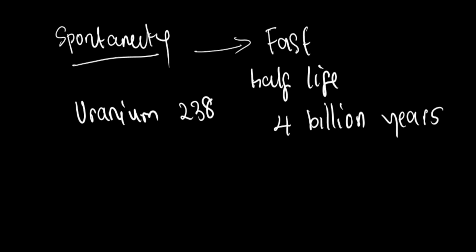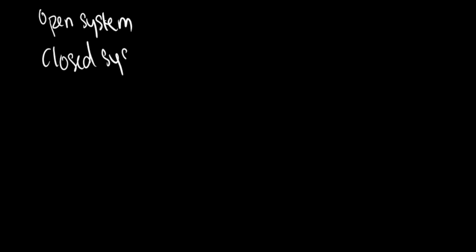Now let's move on to study the types of thermodynamic systems that we have. For this video, we'll be considering three types of thermodynamic systems. This would be the open system, then we have the closed system, and lastly, we have an isolated system.